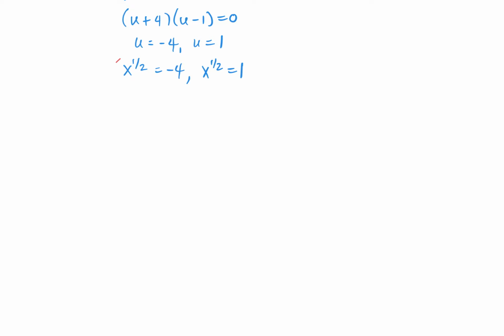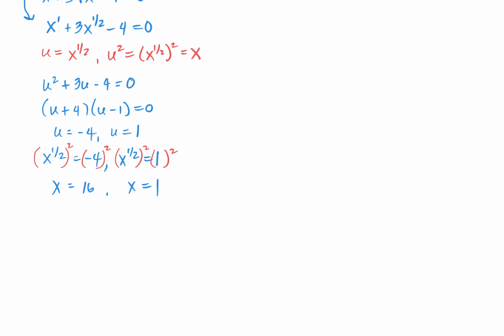One way to get rid of the 1/2 is to square both sides. So this is x equal to 16. And on the other equation, if I square both sides, I have x equal to 1.